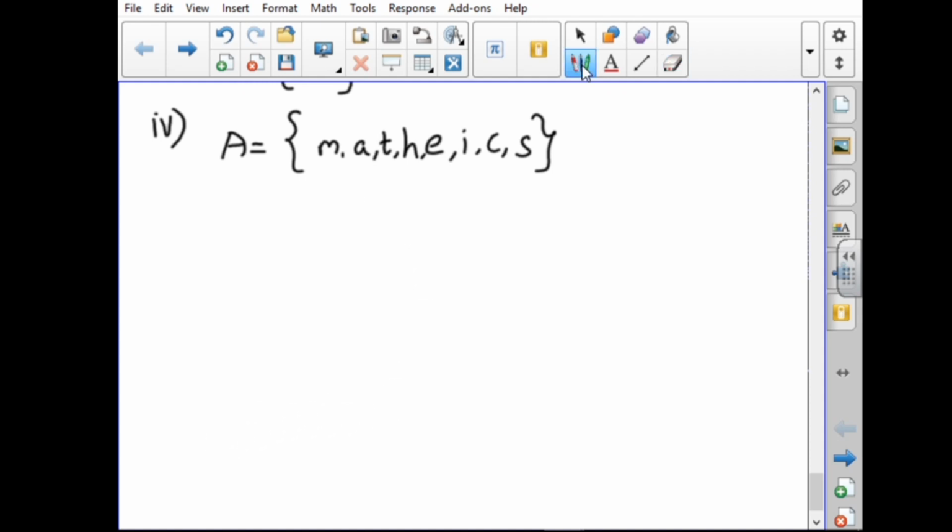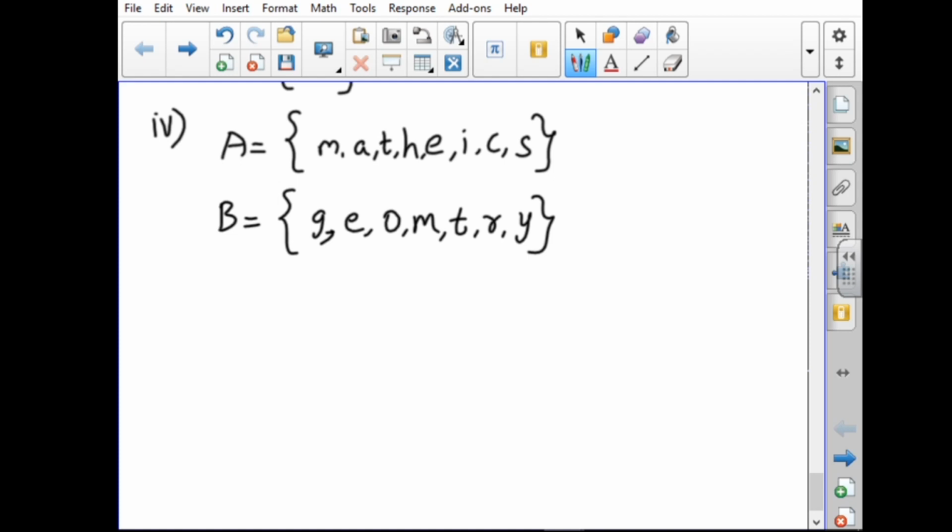Then B is equal to the set of all letters in the word geometry. So geometry, G, E, O, M, E already exists. So T, R, Y. Okay.